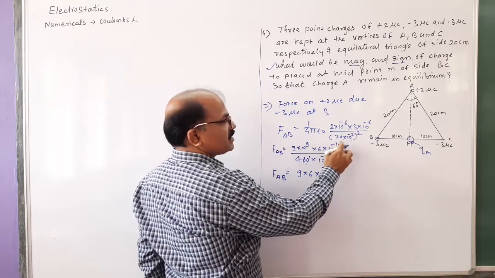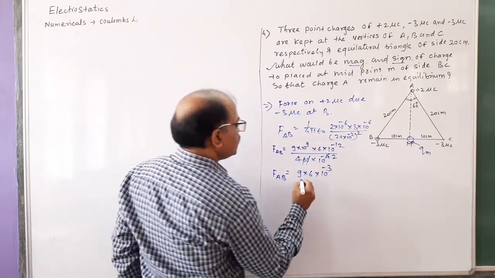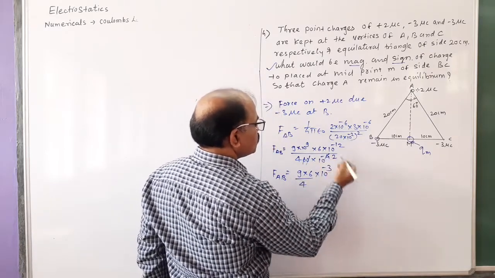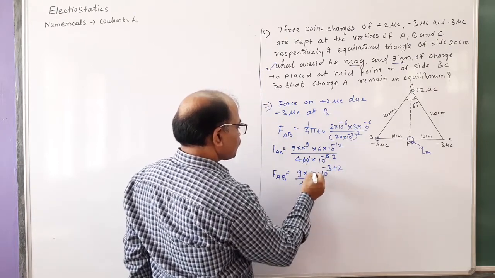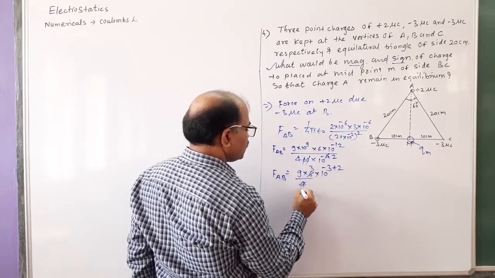This is minus 12 plus 9, minus 3, divided by 4. This 10 raised to minus 2 goes up, it becomes plus. So divide by 2, then this is 3 and this is 2.